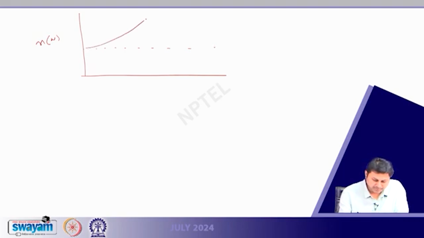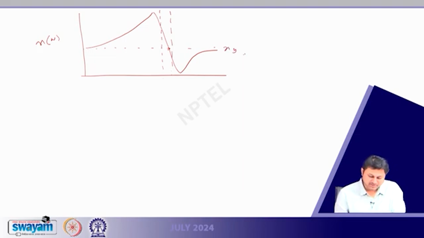It goes up and then there is absorption and it goes down. The point where it goes down is called the absorption band. So, suppose this is the absorption band, and this is ny, the refractive index along the y direction.